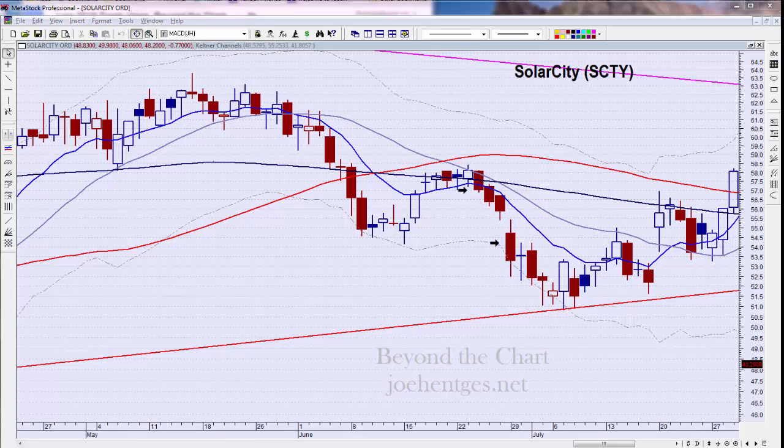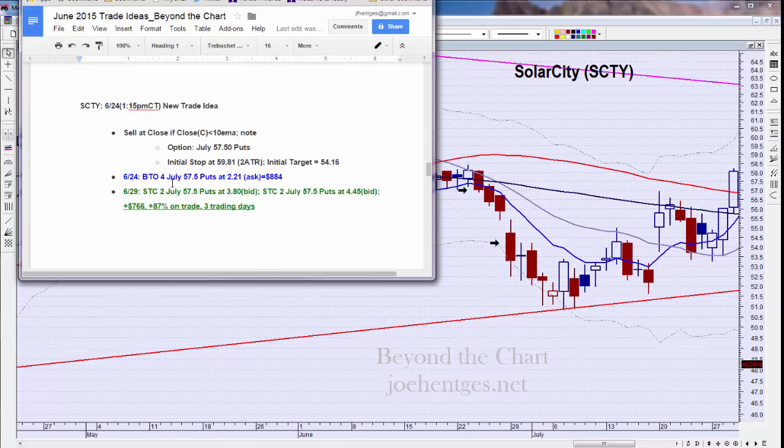Now let's go back to the trade idea. We've got the July 57.5 puts, and 57.5 is right in here, so it was slightly in the money at 2.21 ask. Four of them at $884. This is, again, for example purposes.